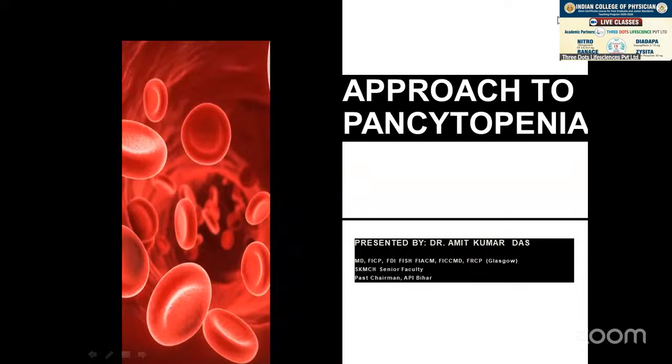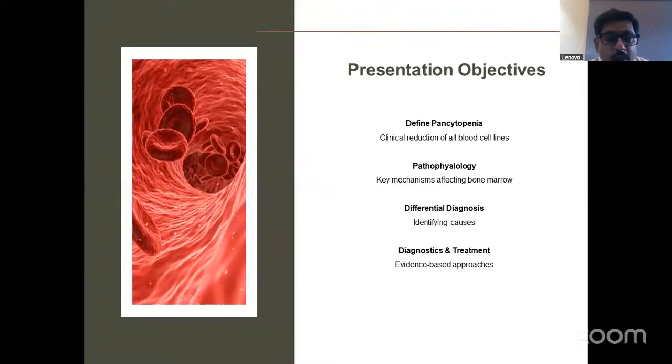Okay. So in the continuum of benign hematology, today we are going to talk on approach to pancytopenia. As you all know, pancytopenia is a very frequently encountered situation in the usual clinical wards, emergencies and OPDs.